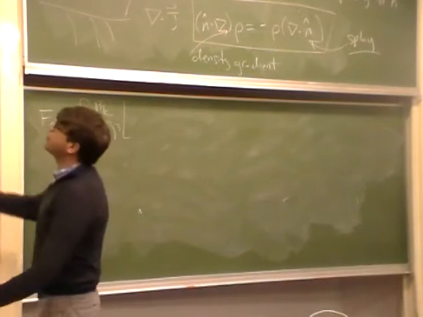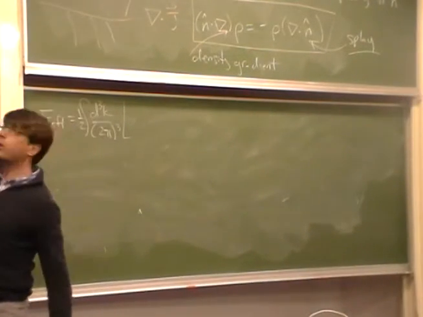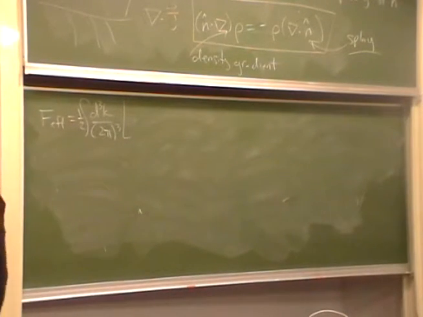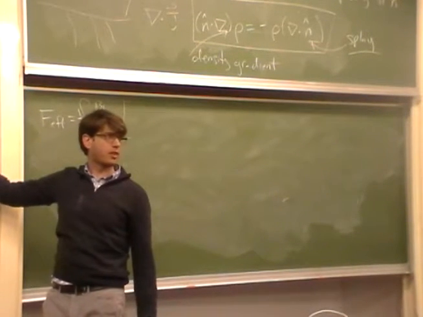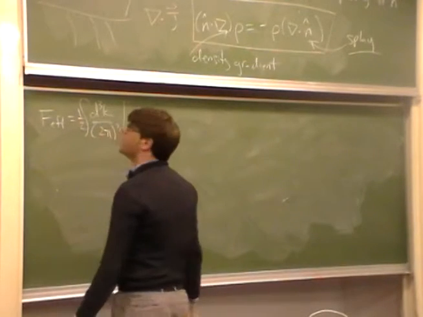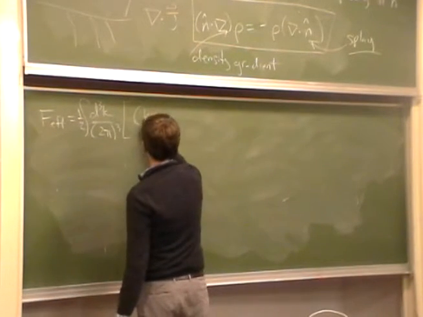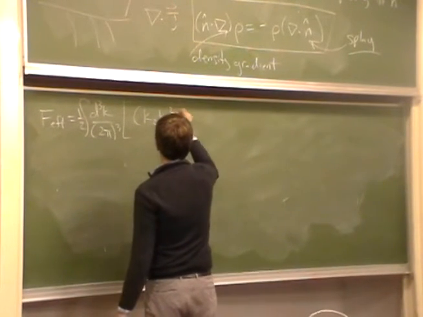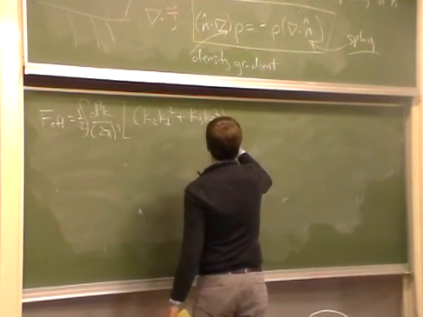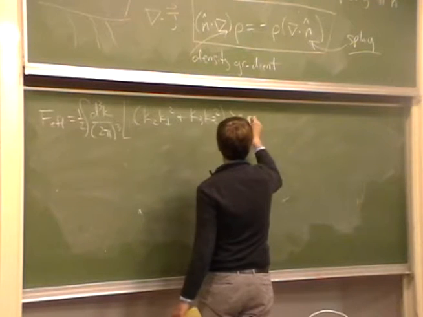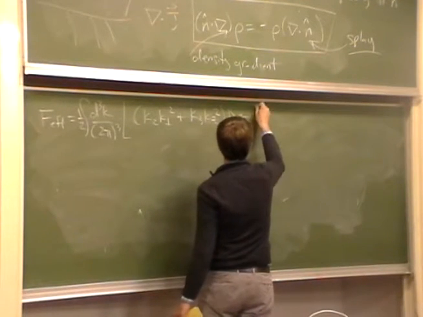First off, you'll notice that the response in the transverse direction is the same. Again, the density doesn't affect the transverse fluctuations in orientation, so we'll just write that first: K2 times k perp squared plus K3 times kz squared times the transverse mode.